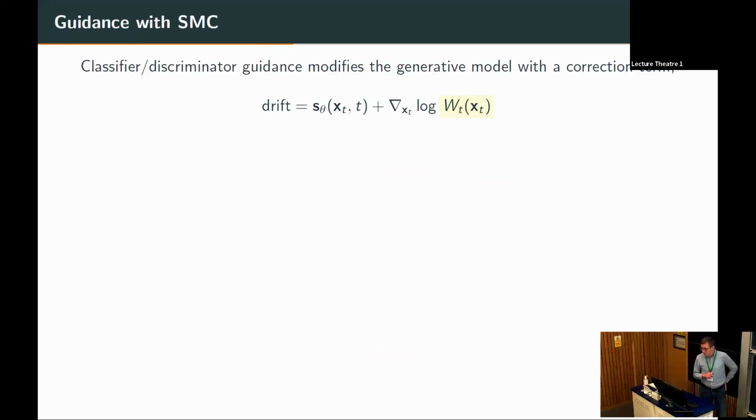Right, so in both of these approaches, classifier and discriminator guidance, you can see that we have this pre-trained score-based generative model, and then we try to add a correction term of some sort, which looks like a gradient of log of some function, which I denote by W here. And this leads us naturally into SMC land.